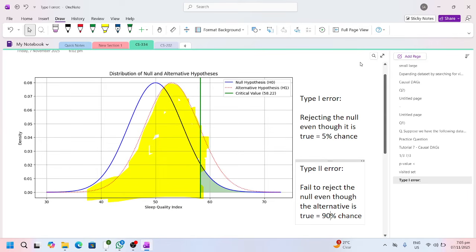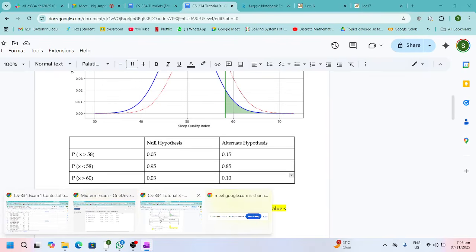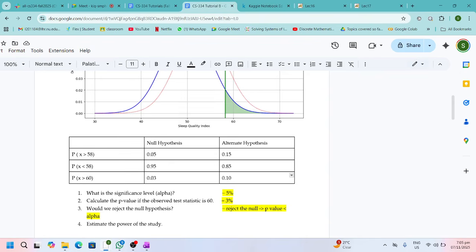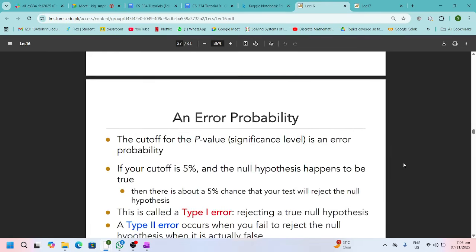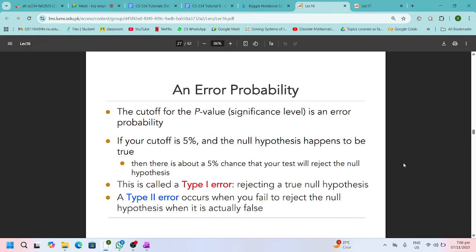So right now, in my given example, I have a 90% chance of a type 2 error and a 5% chance of a type 1 error. Are there any questions up until this point? This is a very important concept. As long as we have covered that, then we will move on towards power because power का concept follows next.